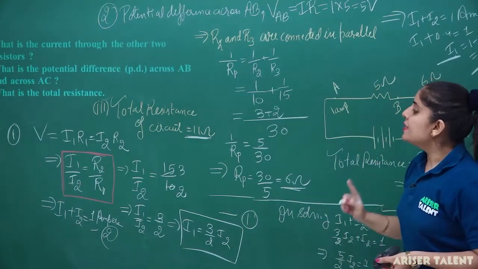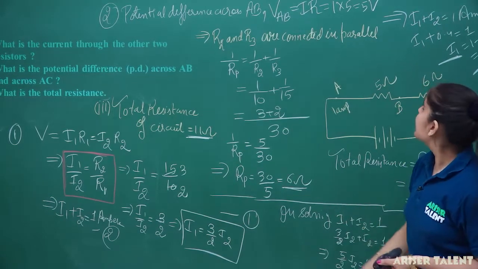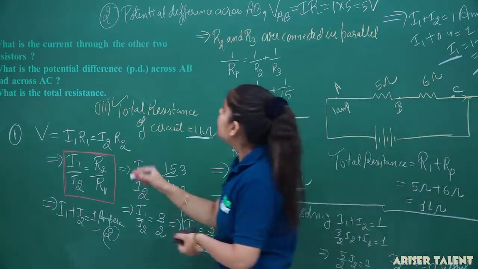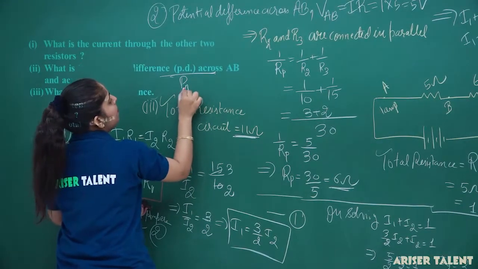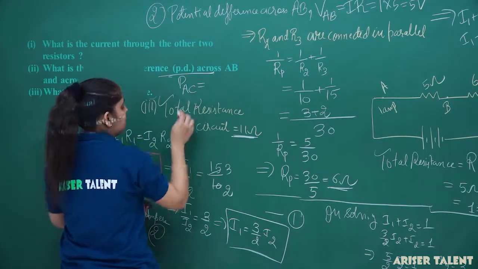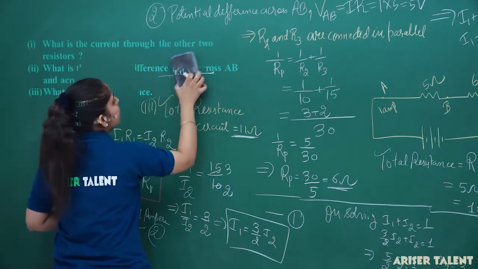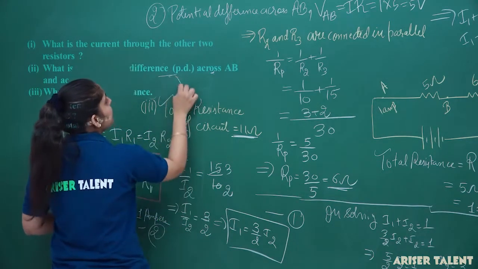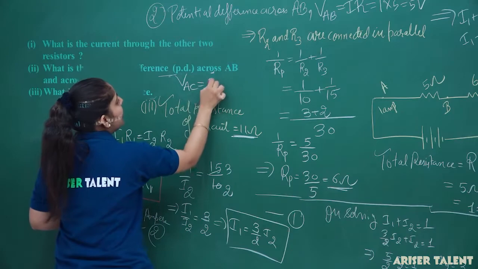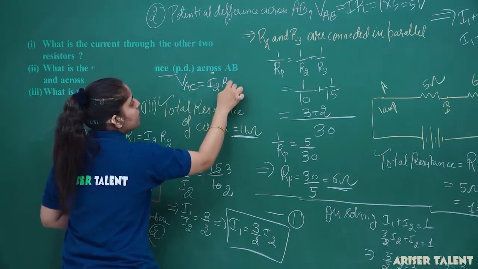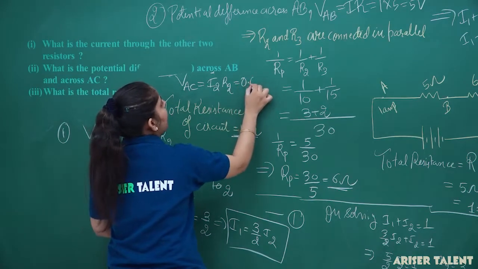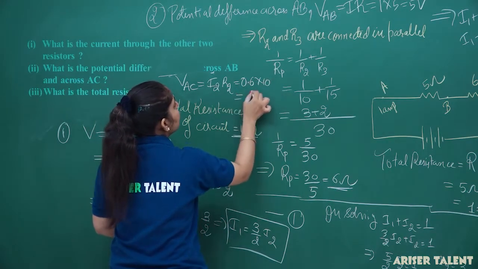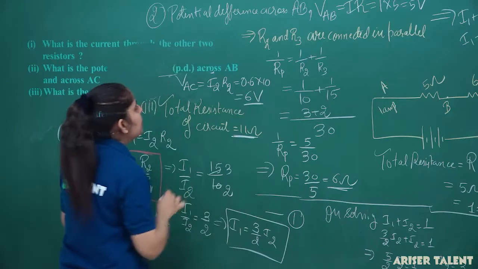Now, what is the potential difference across AC? You have to calculate this potential difference across AC. So potential difference can be written as VAC, again it is equal to I2R2. Here the value of current is 0.6 and the value of resistance is 10, so it came out to be 6 volt.